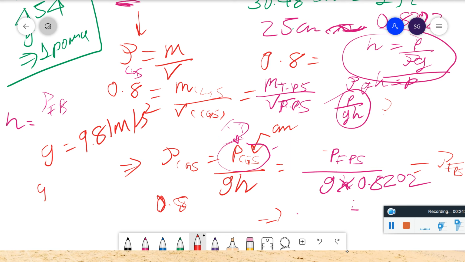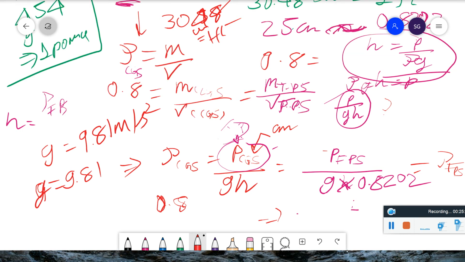Okay, so here we have to convert this into feet. This is equal to 9.81. 1 meter, then how many meters is equal to this 30.48 centimeter. So 30.48 centimeter is equal to 1 foot. So what we have to do is convert this 9.81 into feet.